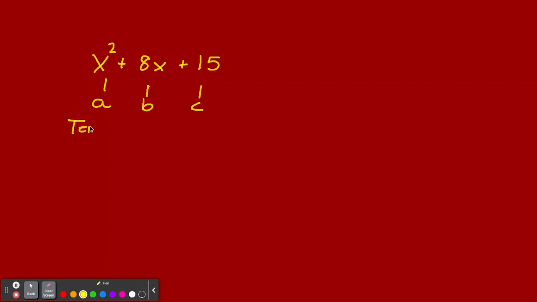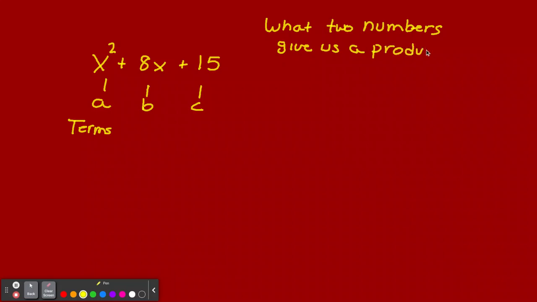We want to know what two numbers give us a product of the c term and sum to the b term.